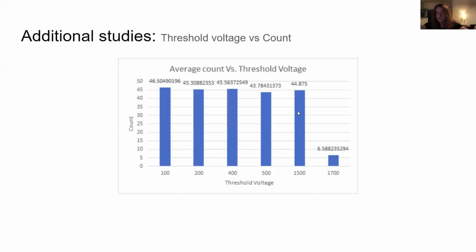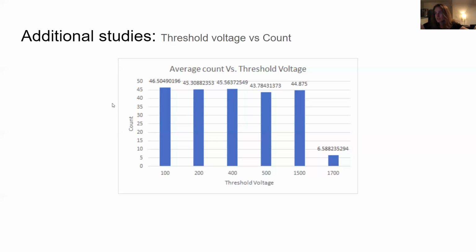Moving into an additional study that I looked at from the data that we had, I basically plotted how the average count versus the threshold voltage changes. And I thought this was pretty interesting because we expect at a certain value, the threshold voltage will be so high that our system actually isn't being triggered unless we, I don't know, have some much higher energy particle enter the tube. And you can see that that occurs here.